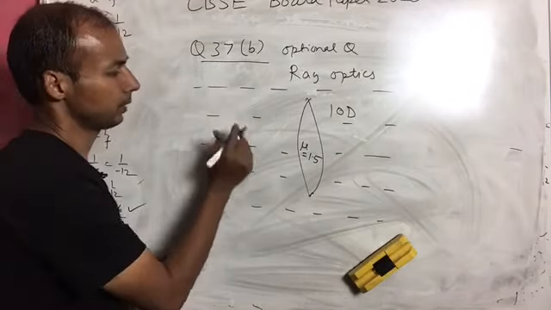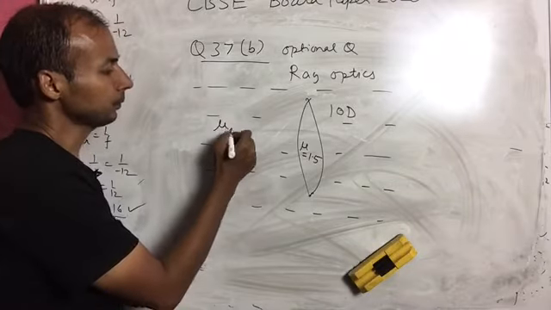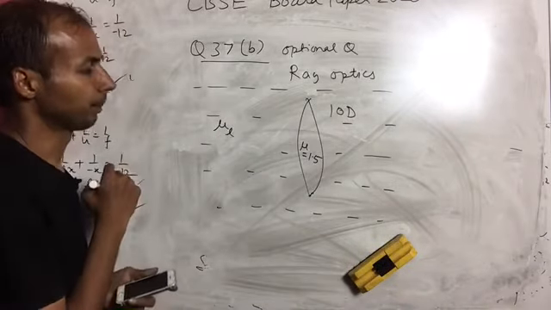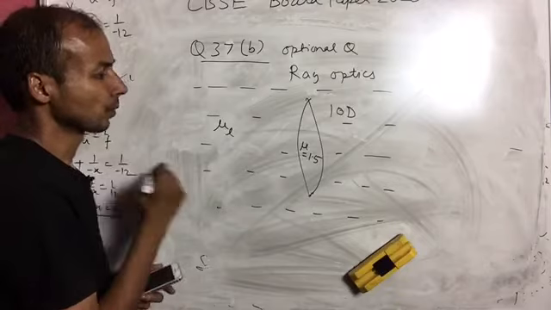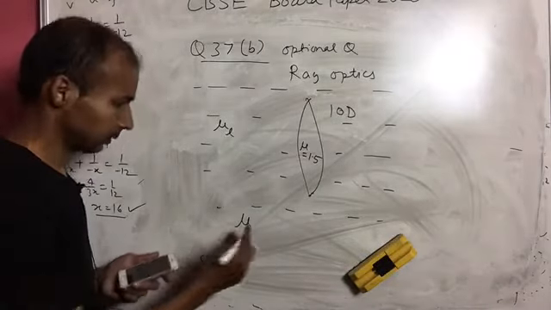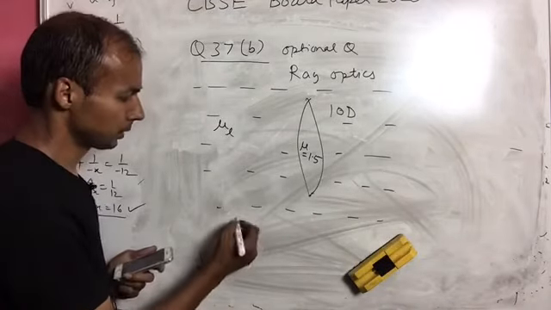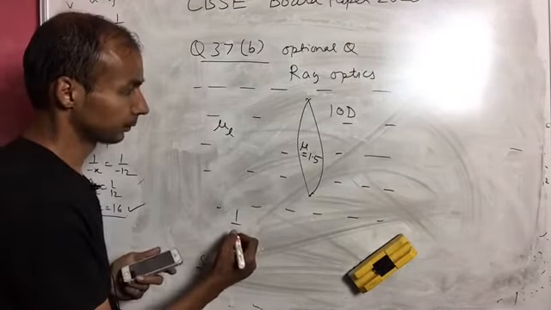मान लेते हैं इस लिक्विड का रिफ्रैक्टिव इंडेक्स μl है, ठीक है. So we'll use the lens maker's formula.